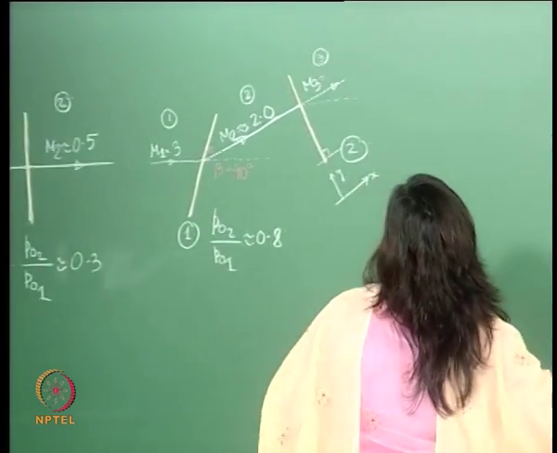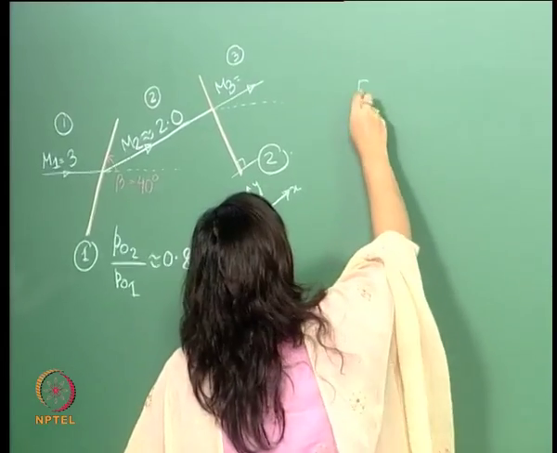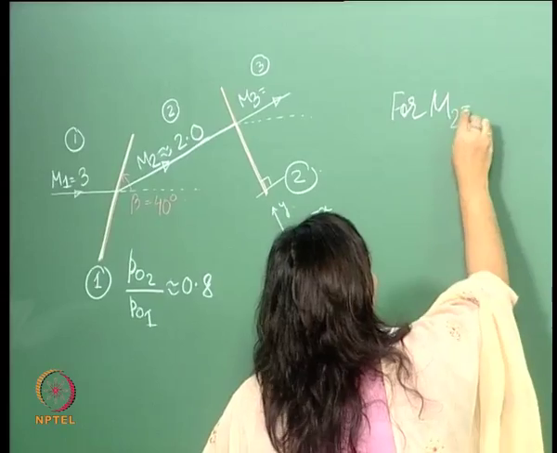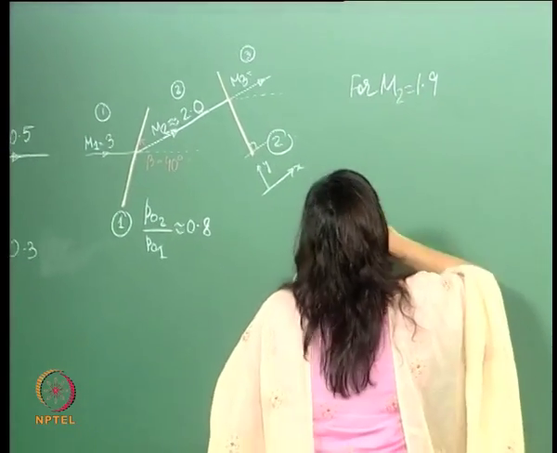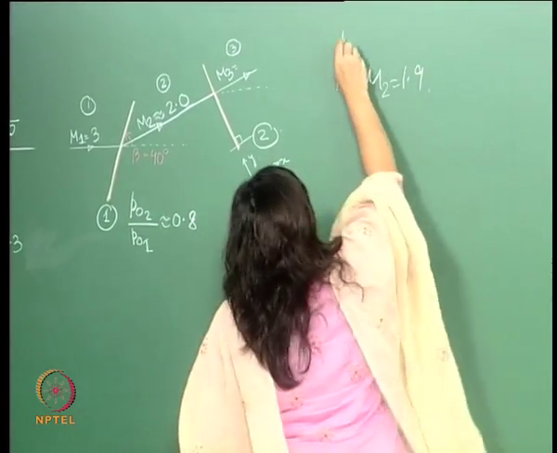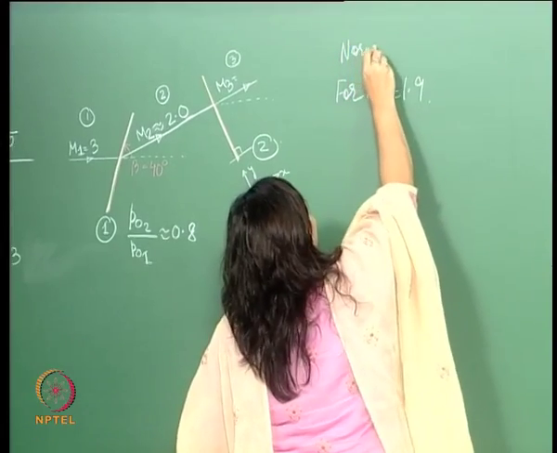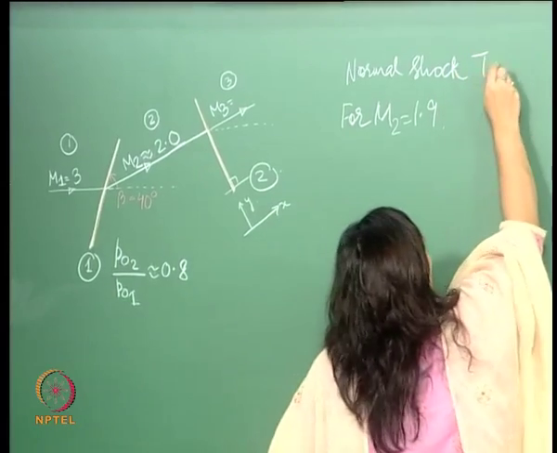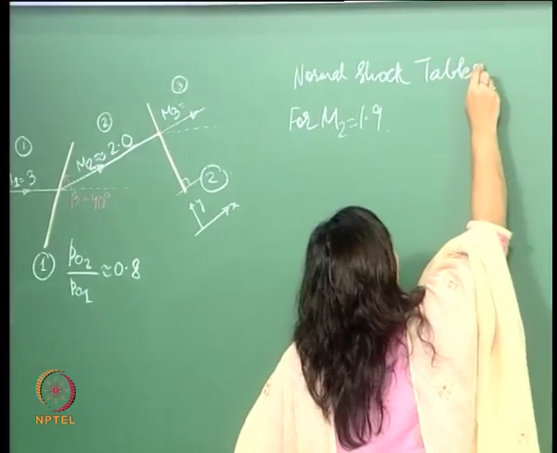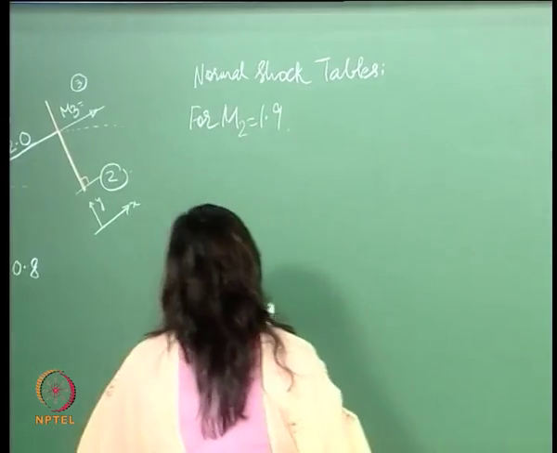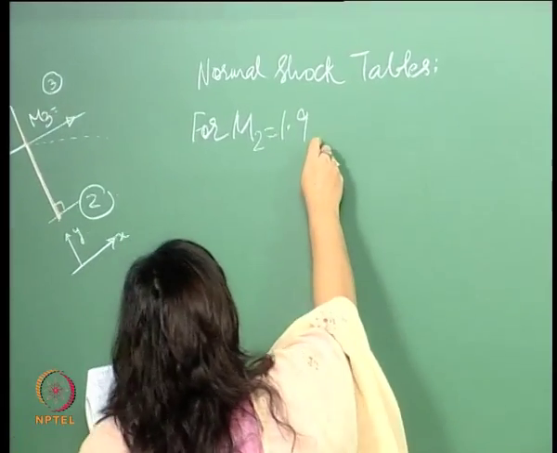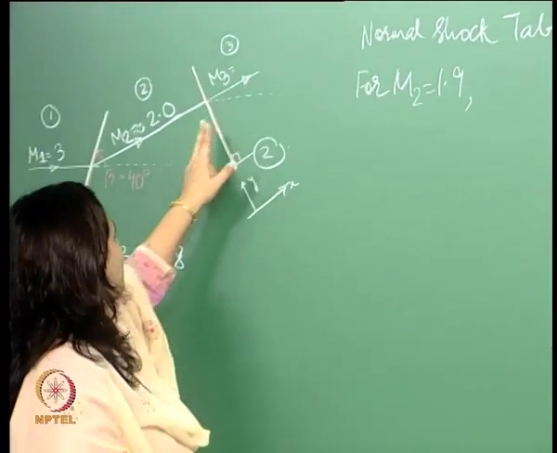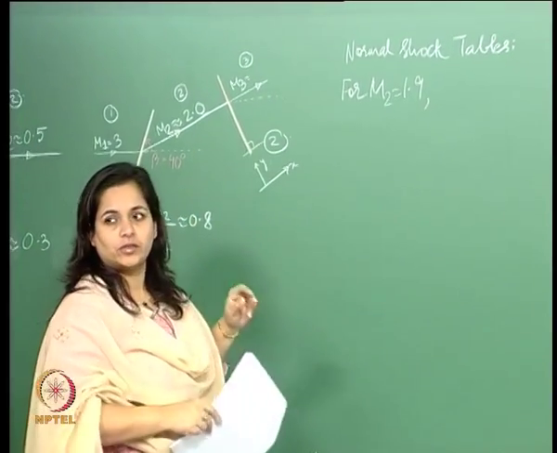Using the normal shock tables, what we get is the stagnation, or total, pressures behind and in front of this normal shock.